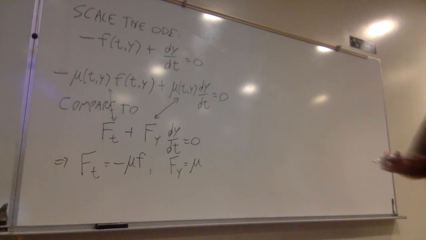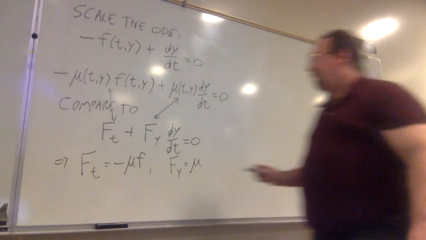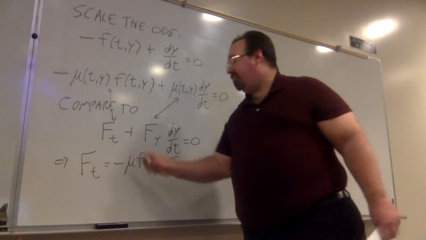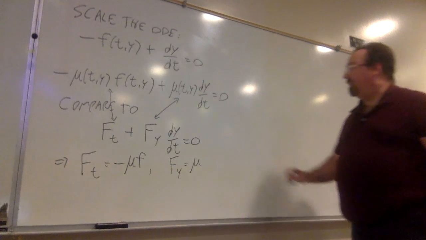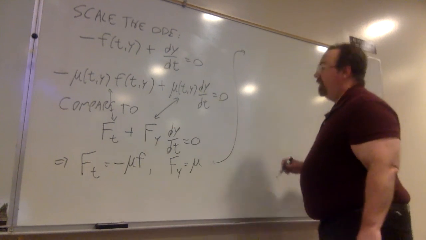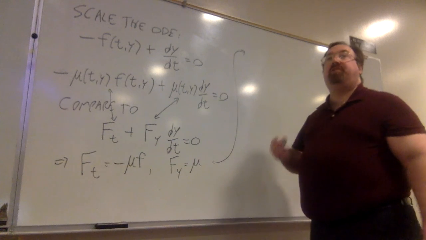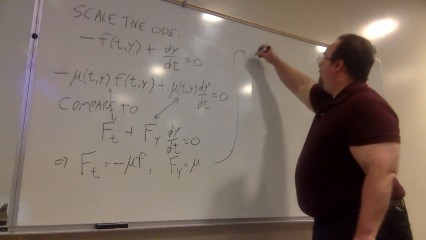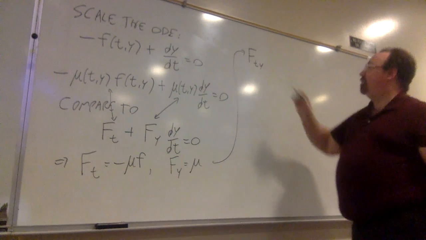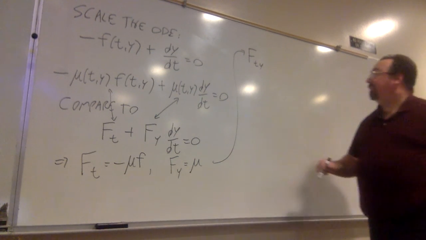Now, the next thing I can do to try to narrow down what mu should be so I figure out what capital F is, I can differentiate both sides of these. I'm going to take the first equation and take the derivative with respect to y. So it's already differentiated with respect to t. Now I differentiate with respect to y also.